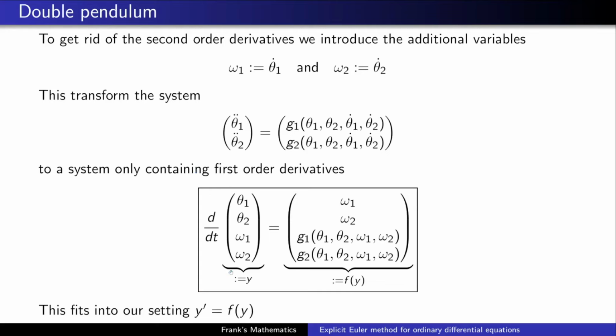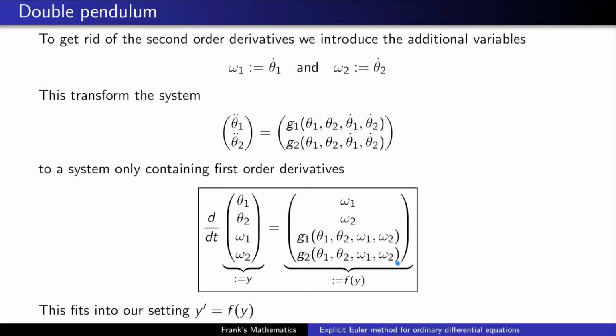So on the left-hand side, we only have the first order derivatives of theta 1, theta 2, omega 1 and omega 2. And we call this vector y. And on the right-hand side, we end up with, well, whatever stands on the right-hand side. And this is perfect for our setting, because now we can apply the Euler method to solve the system.